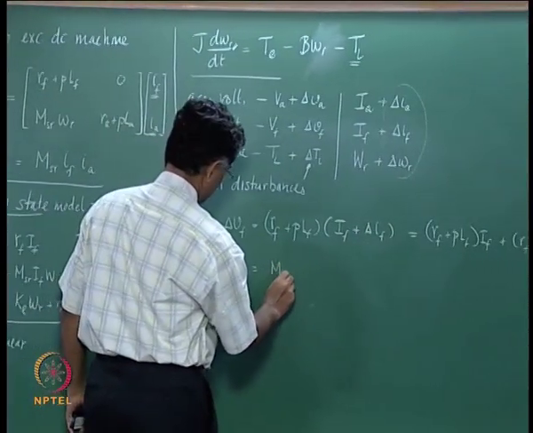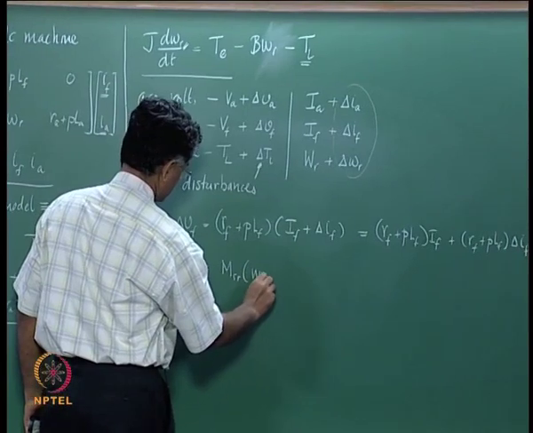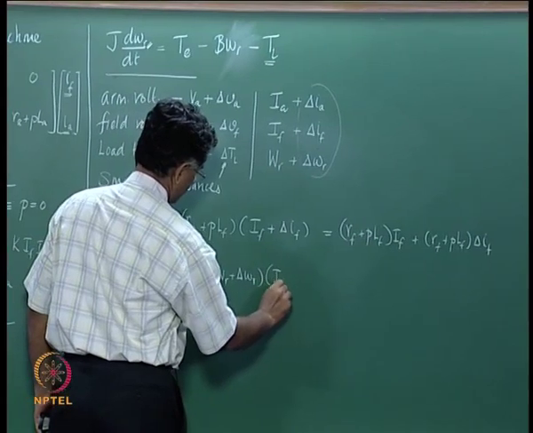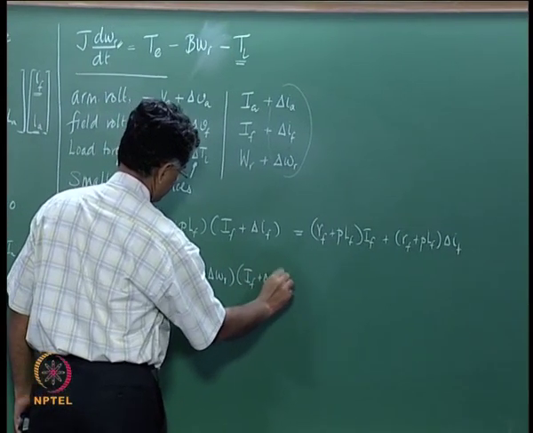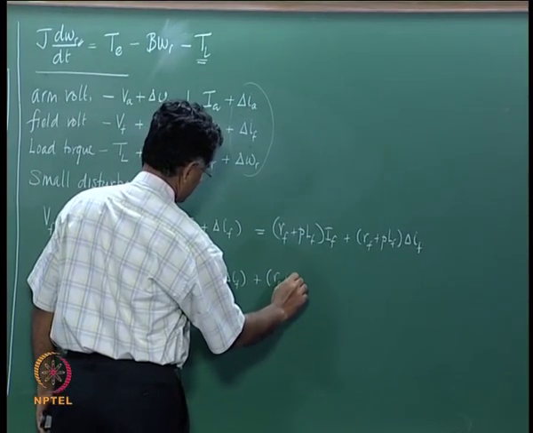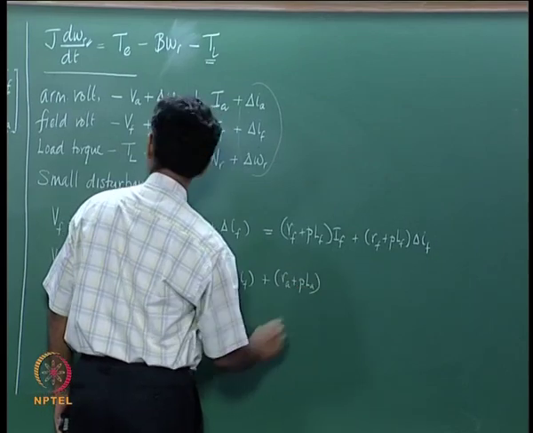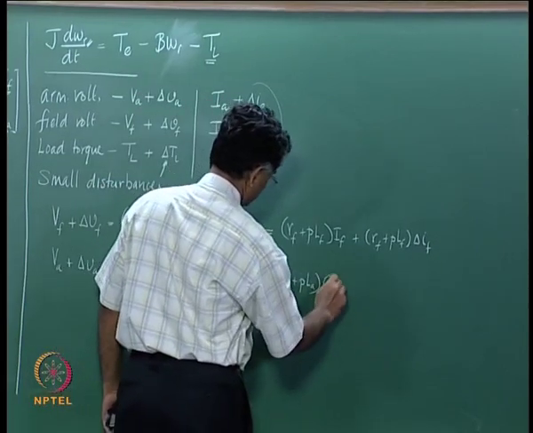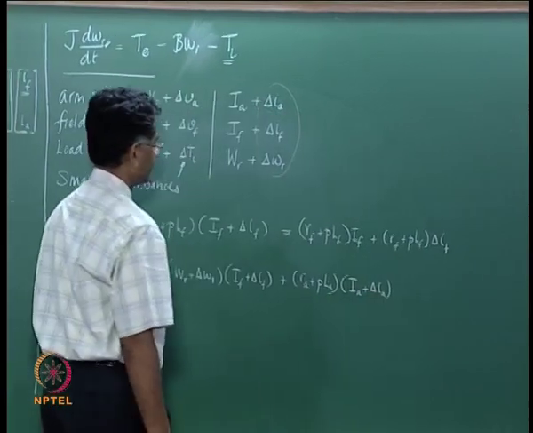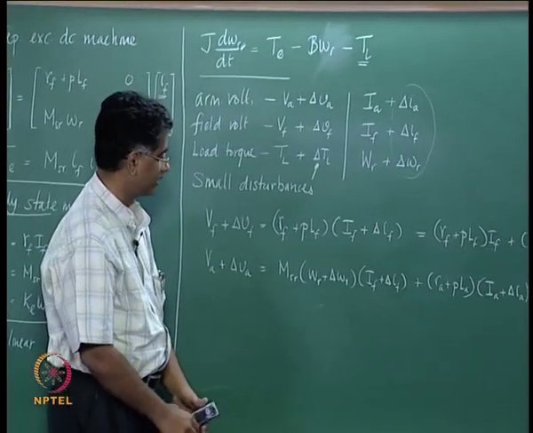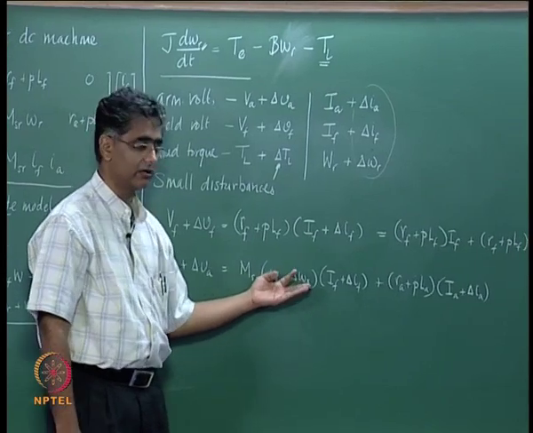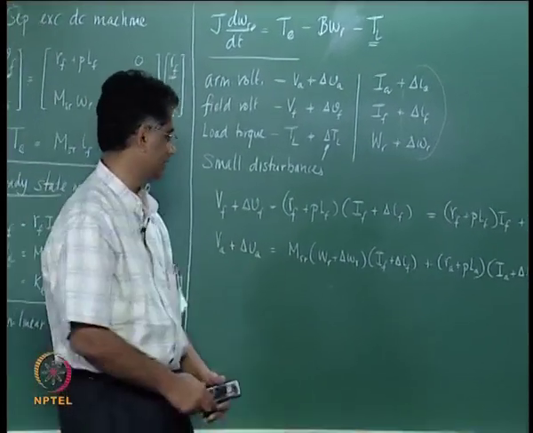So, this is MSR into omega r plus delta omega r multiplied by If plus delta If, plus Ra plus P times La into capital Ia plus delta Ia. We are using uppercase letters to denote the steady state expressions, and delta and lowercase to represent the disturbances.